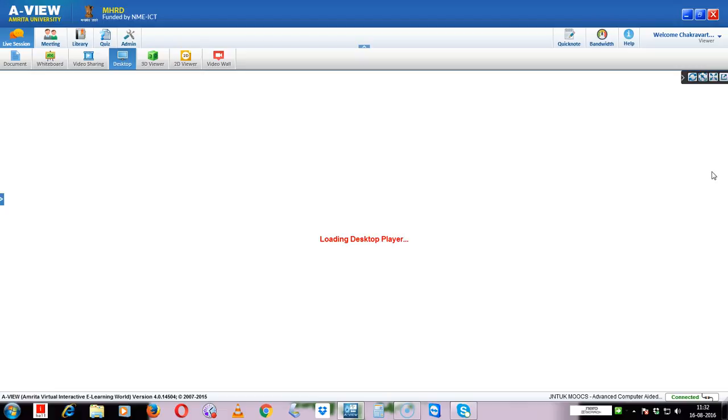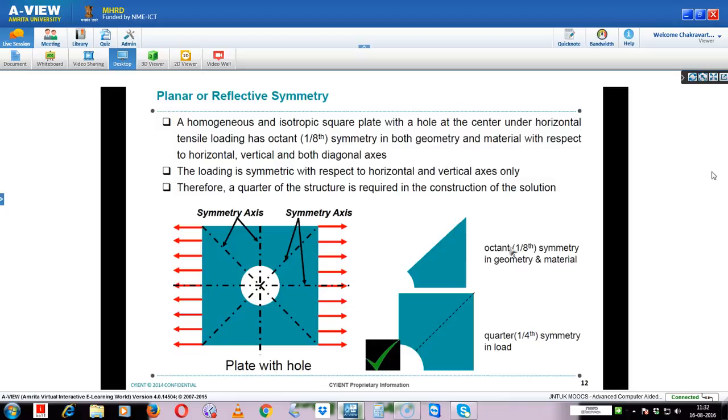If you try to reduce the problem, there exists a symmetry in 1/8 of the geometry. So you can take this 1/8. If you try to reflect it, we can reflect it perfectly. So this geometry does exhibit a 1/8 symmetric model.